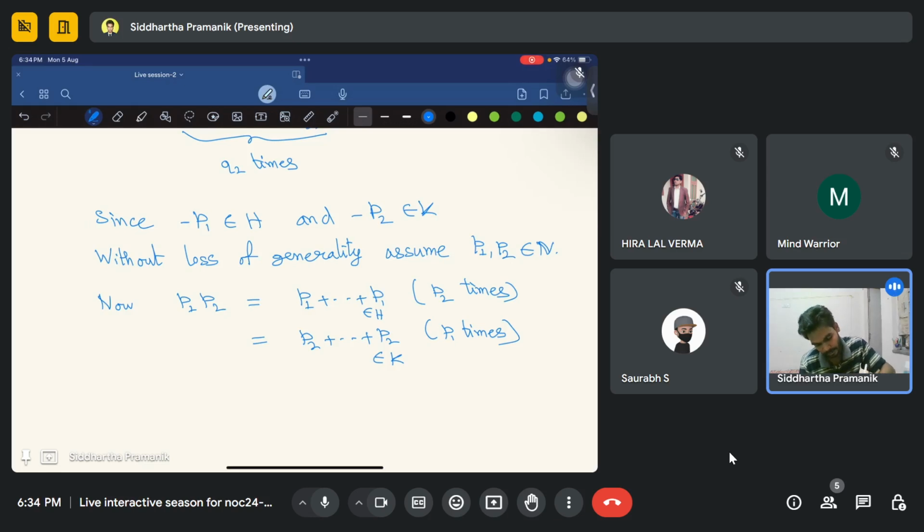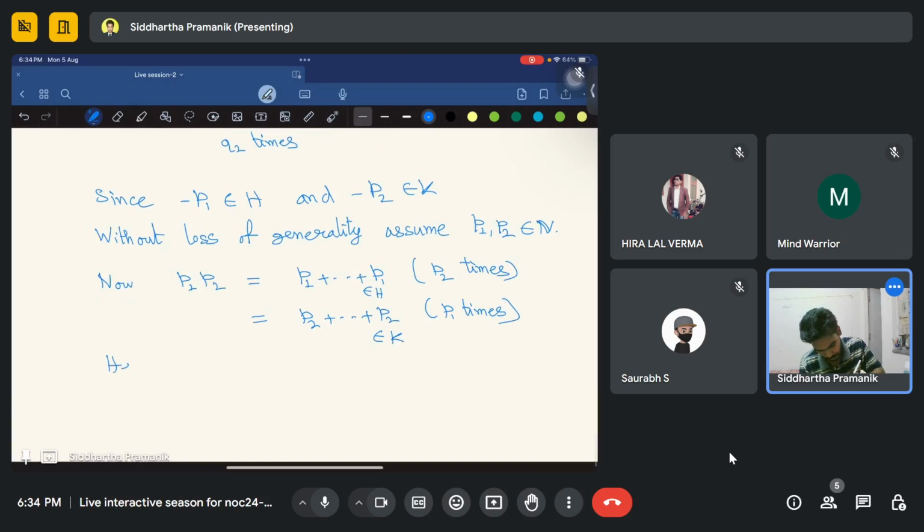So this element P1 times P2 must belong to the intersection, and this is a non-zero element. So H intersection K is a non-trivial subgroup.